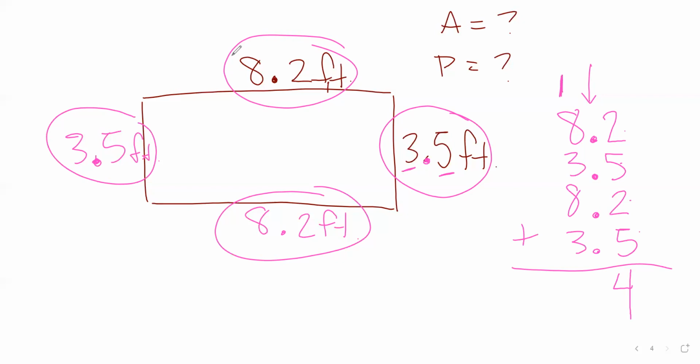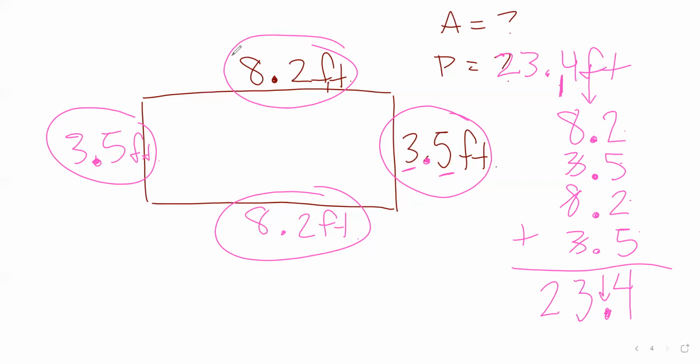Now I'm going to add my ones, which is 8 plus 1 is 9, 9 plus 3 is 12, 12 plus 8 is 20, 20 plus 3 is 23. And then my decimal comes straight down and I get 23 4/10 feet as my perimeter. So perimeter equals 23 4/10 feet.